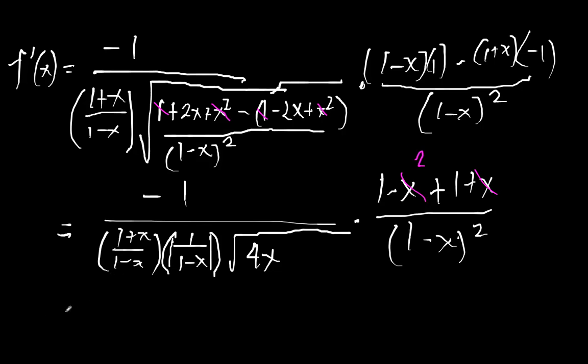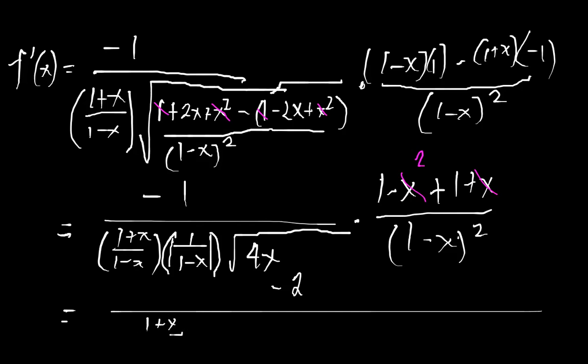We have 2, so this becomes 2 times negative 1, that's negative 2.